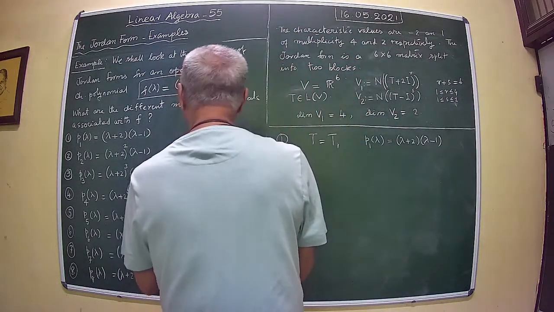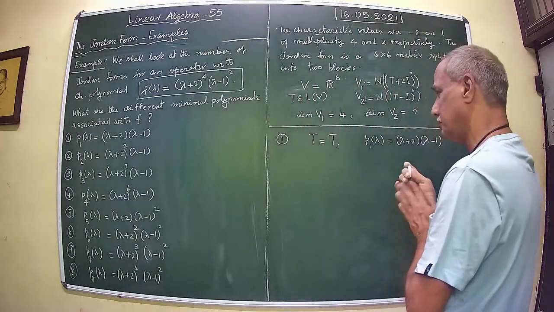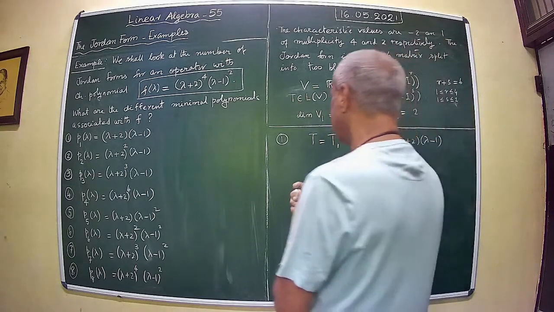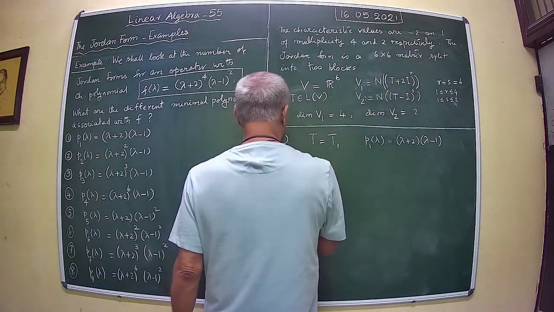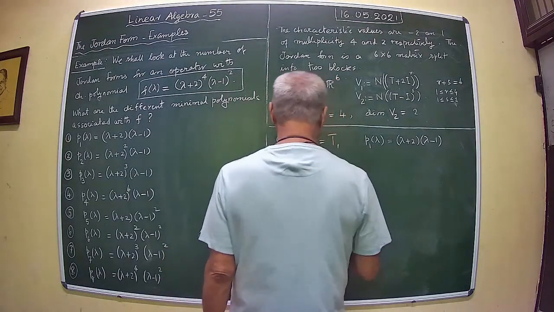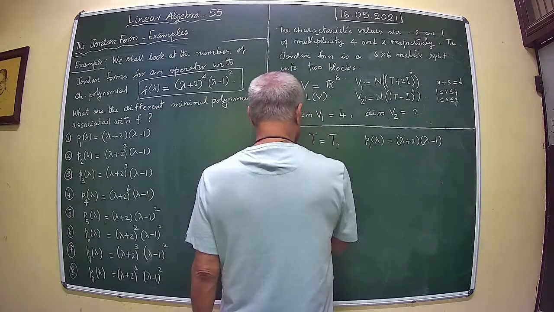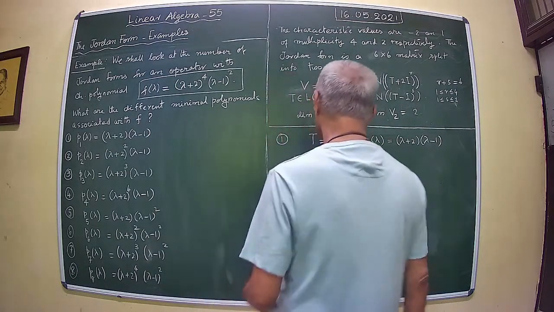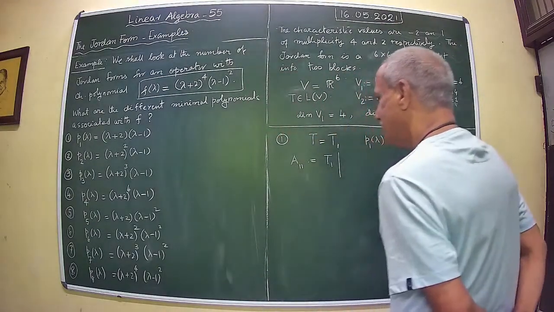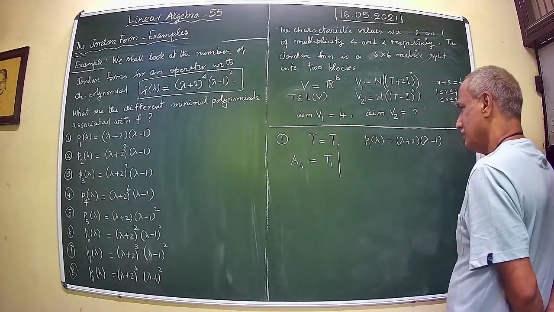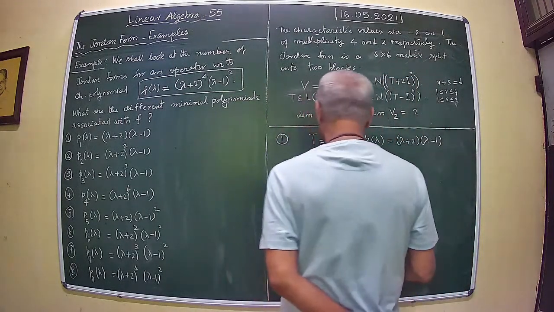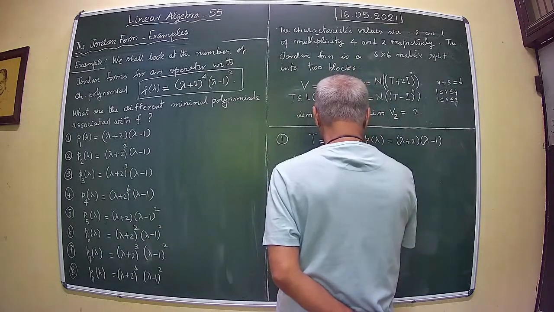Suppose you designate by A1 the restriction of A to T1, restricted to what is called P1.